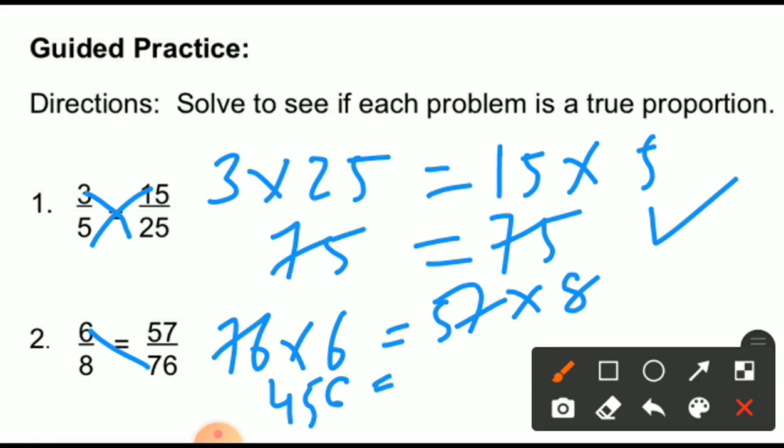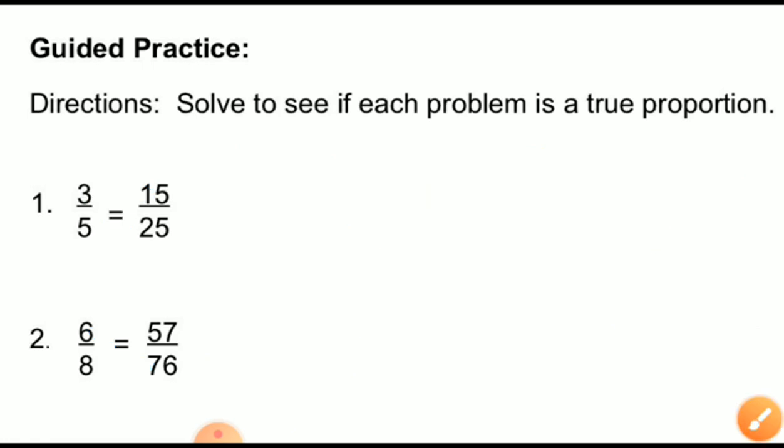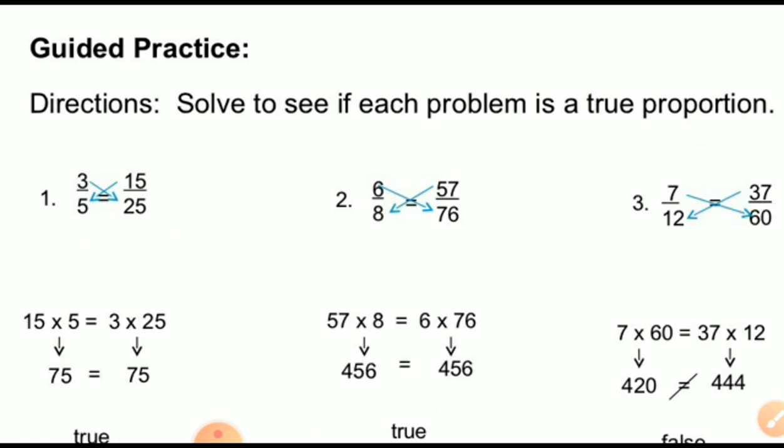Equal to sign as it is. 8 7s are 56, 5 will be the carryover. 8 5s are 40 plus 5 is 45. My answer is also right here. So both ratios are in proportion. Anyone has doubt regarding this one? No.